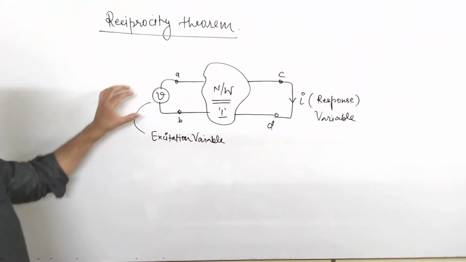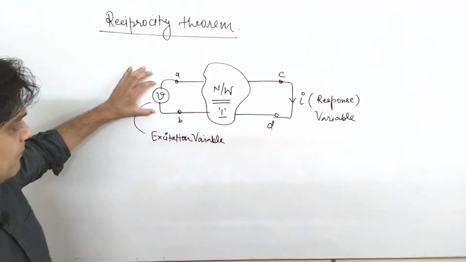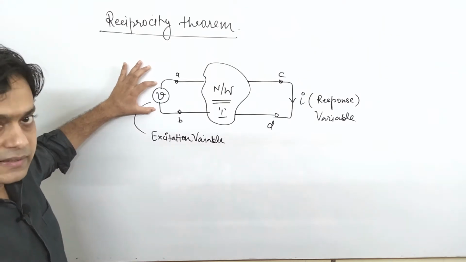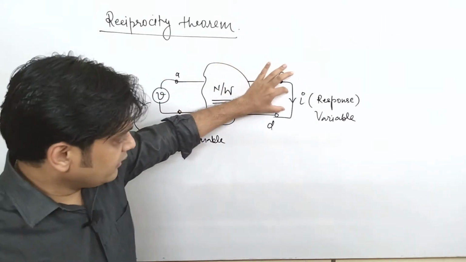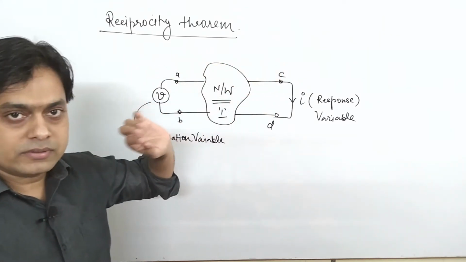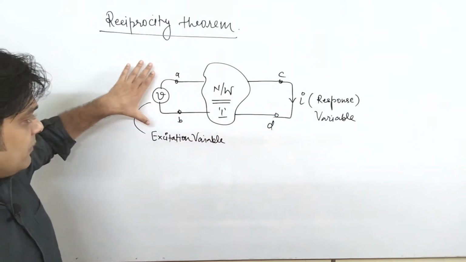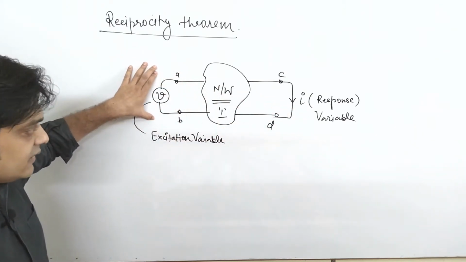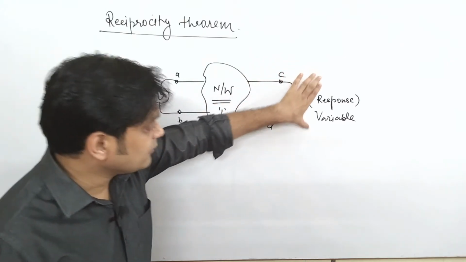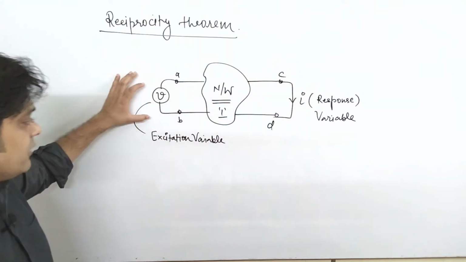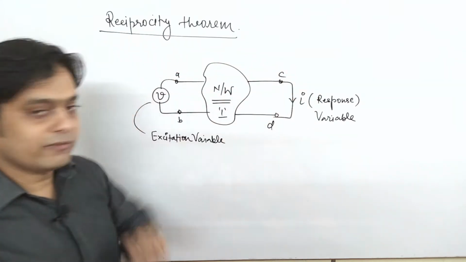Response and excitation means once you apply some voltage, we will call it an excitation voltage, against which you will get a response in the network. So if you are applying some excitation at this terminal and you are getting some response at this terminal, this is your excitation variable and this is your response variable.